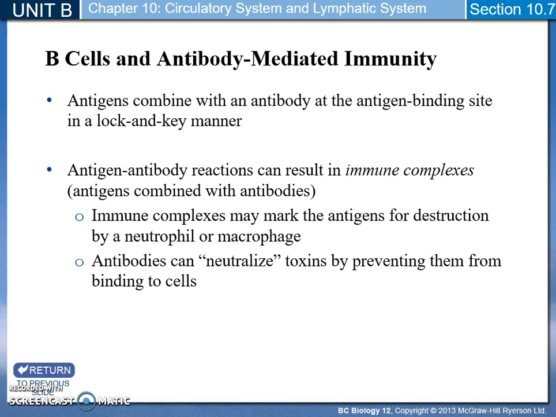The antigen antibody reactions can result in immune complexes, and the immune complexes then mark the antigens for destruction by neutrophils or macrophages. And the antibodies can also neutralize toxins by preventing them from binding to cells. So the antibody binds with the toxins, and then their binding sites don't allow them to bind to cells.